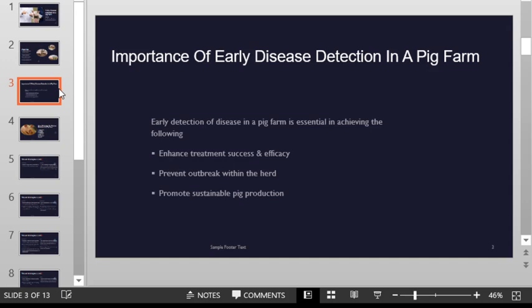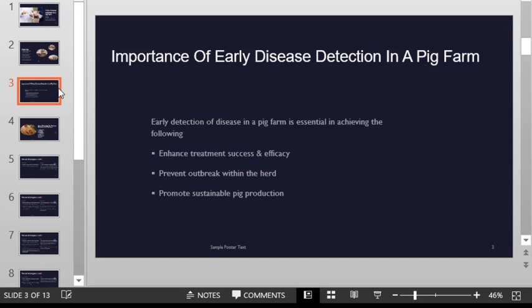But if you detect disease later on, it might get to a point where no matter the kind of treatment administered to the pig, it might end up in mortality. So early disease detection in the pig farm is important because it will enhance treatment success and efficacy.